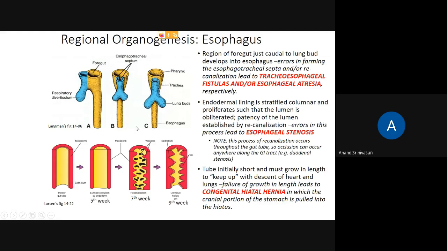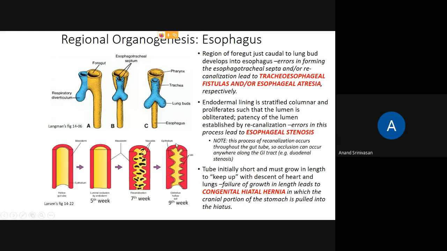Initially, if you see the esophagus, it is like a solid tube, but then later on, what happens? There will be vacuoles formed inside, and these vacuoles will join together to form a hollow tube.